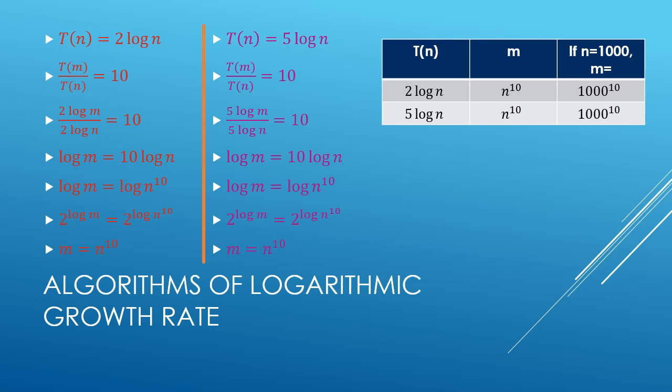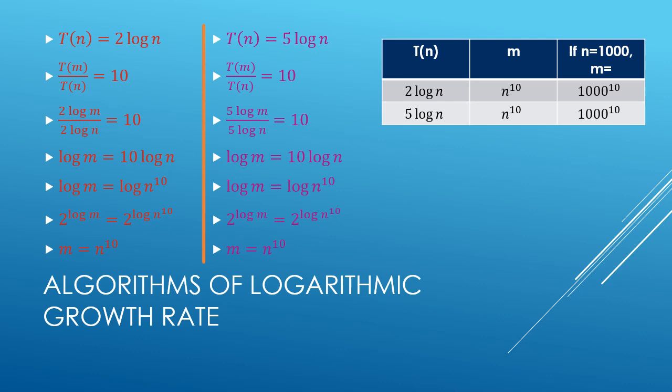Look at this table. If the running time is 2 log n, the new data size, or the larger data size that my new machine can churn in the same 1 hour, is n raised to 10. So if my previous machine was processing 1000 data items in an hour, my new machine is processing 1000 raised to the power 10 data items, which is quite a speed up.